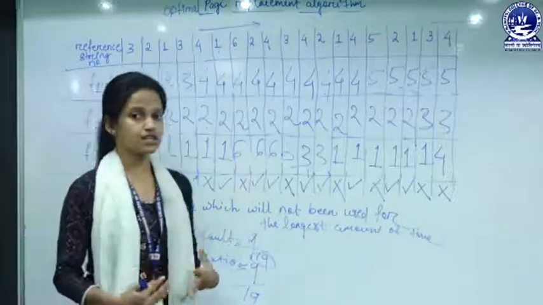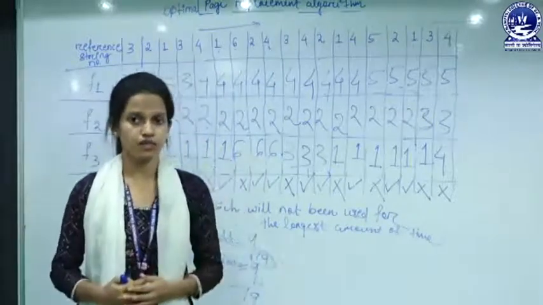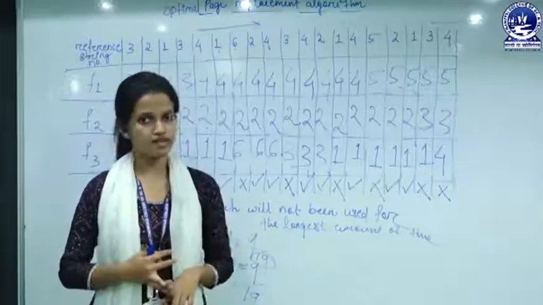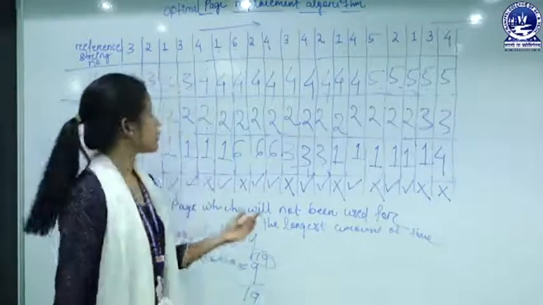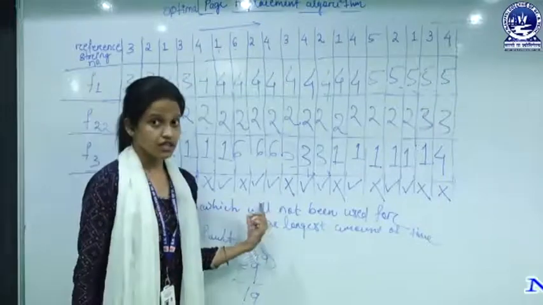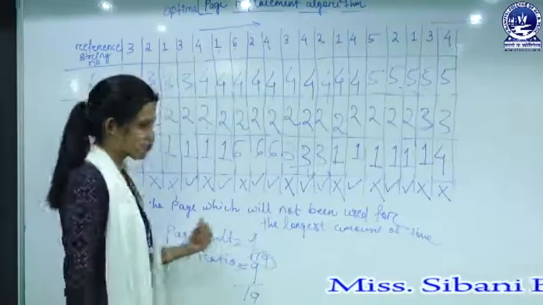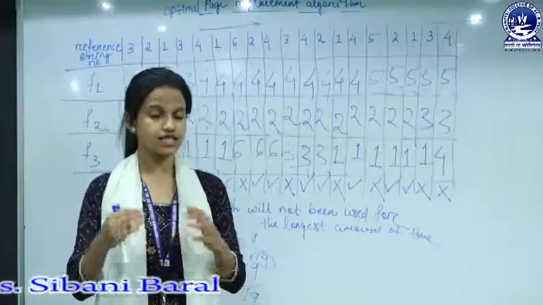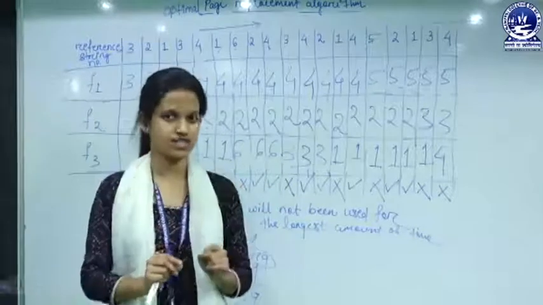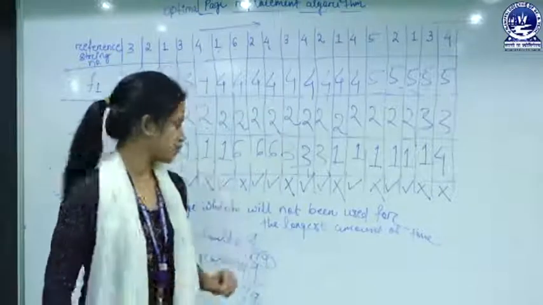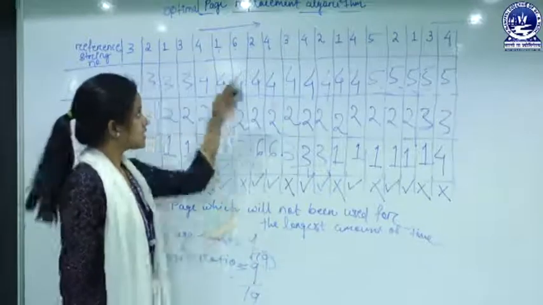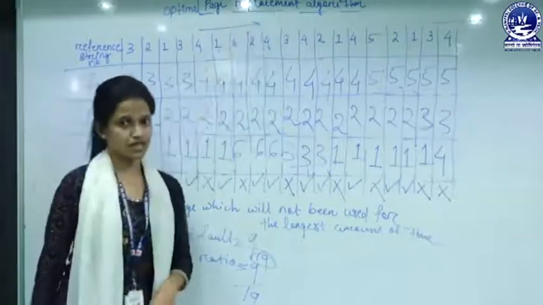It gives the best result, because among LRU and FIFO page replacement algorithms, the optimal page replacement algorithm gives the minimal page faults, and if the page faults arising in a system are the least, then the system is good. So the number of page faults is less in the optimal page replacement algorithm.